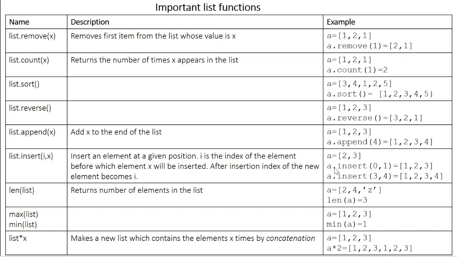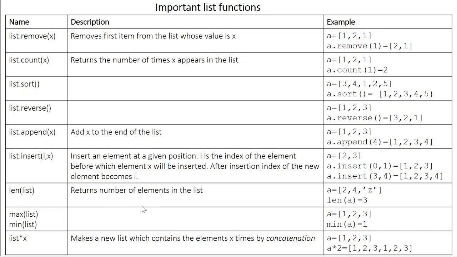So you want to add an element 1 before the 0th index. So in the insert function, i is going to be 0 and x is the element you want to add, which is 1. So I say A.insert(0, 1). So 1 will be inserted before 2, and your result is going to be the list [1, 2, 3]. So when you say print(A), this is the result you are going to get. Here you can see that the new element is added at the ith position, right? So after insertion, the index of the new element becomes i.